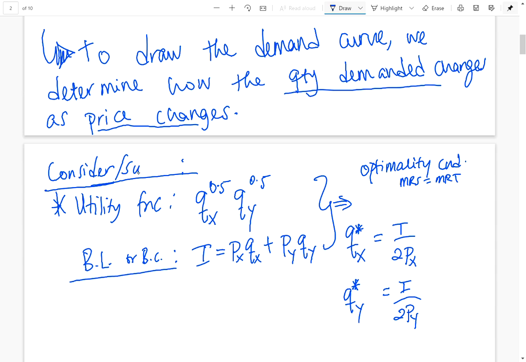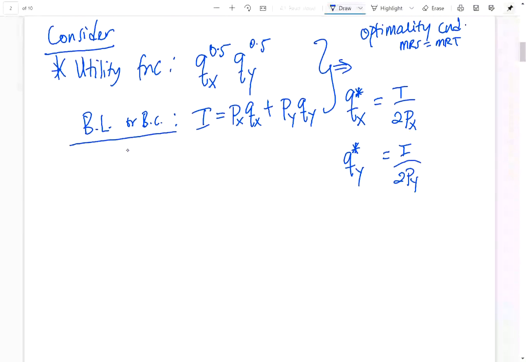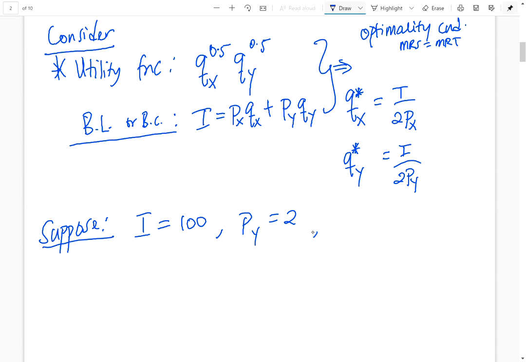Okay, so we have those two equations, but we want to go a little further, deeper and visual with this demand curve. All right, so now suppose that we have certain information that income here is equal to 100, the price of good y is equal to 2, and the price of good x is equal to 5.